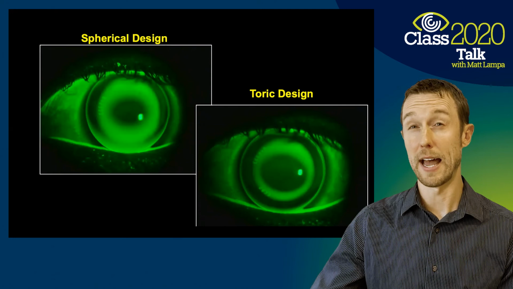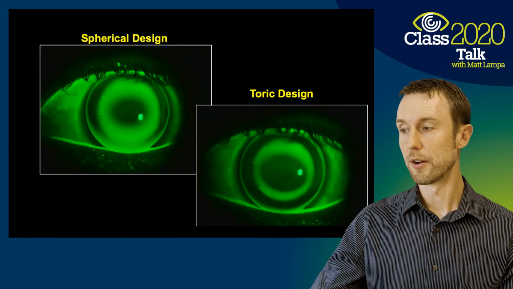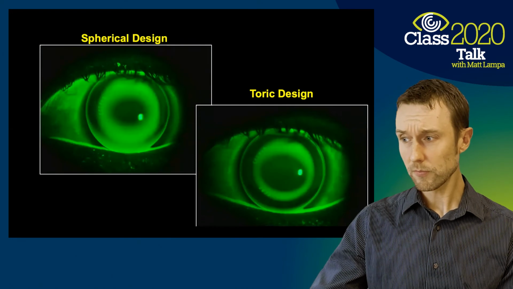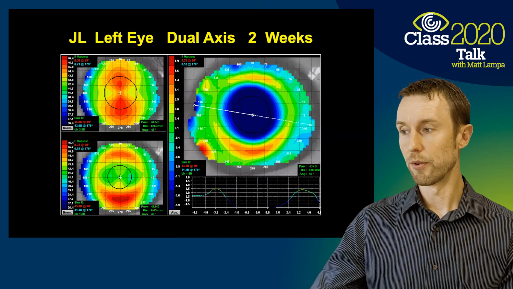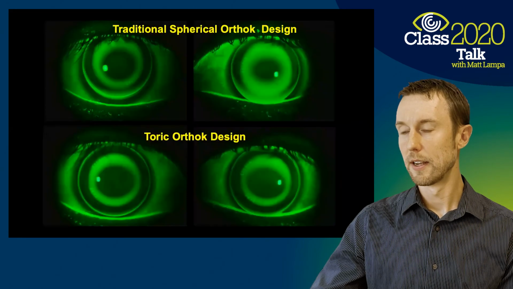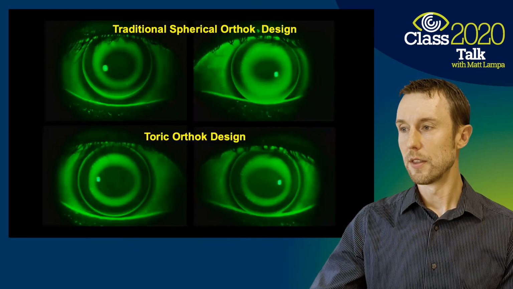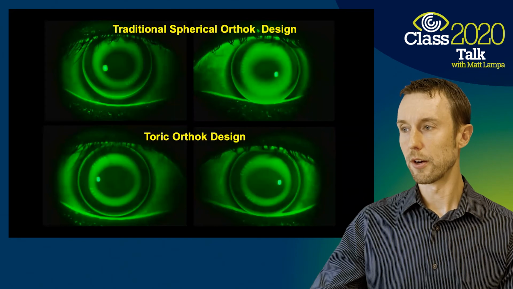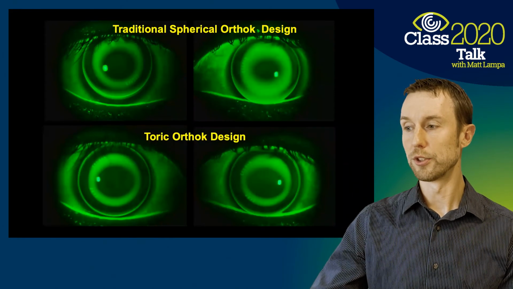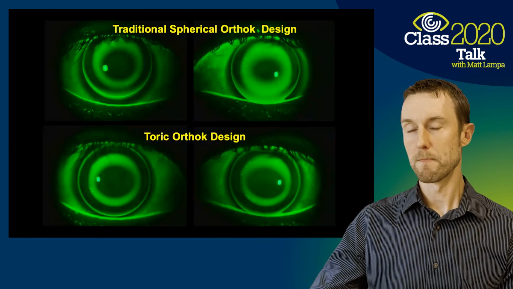We get that kind of classic bullseye pattern, 360 degrees around, like we want in Ortho K. So now at the 2-week mark, you really start to see that patient getting full effect, and then seeing the traditional spherical orthokeratology lenses top right and the toric orthokeratology lenses on the bottom.